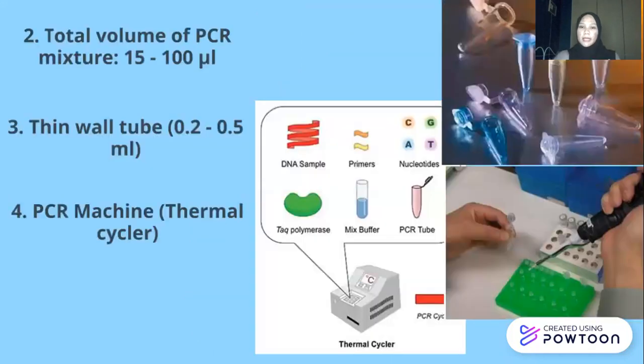Okay, next is the total volume of the PCR mixture, a thin wall tube, and the PCR machine, which is a thermocycler. In the thermocycler, there is a DNA sample, primer, nucleotides, PCR tube, mixed buffer, and Taq polymerase.